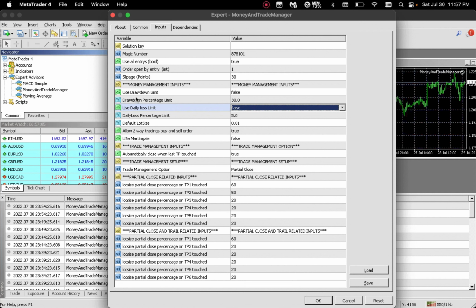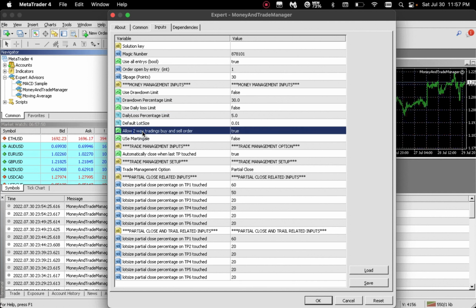Same goes for the drawdown percentage limit. What will happen when you exceed any one of those limits? The EA is just going to stop for that day, and it will restart the next day. So you should check the result from your Expert Advisor at least daily.